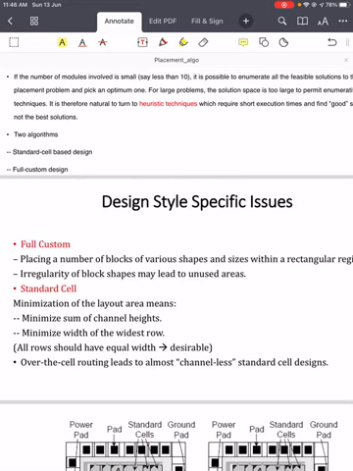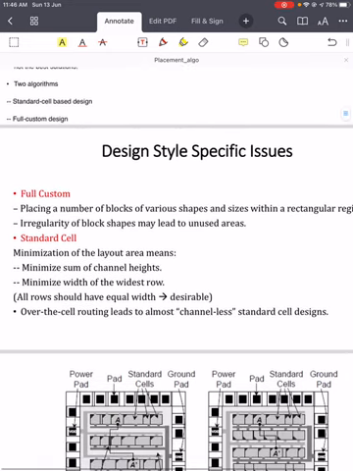In full custom design, the entire silicon area is your design floor.